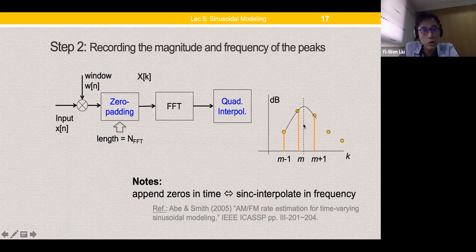So you also use that as your estimation of the frequency of the sinusoid. Very simple idea. But here in the flow, after windowing, I do suggest padding zeros.